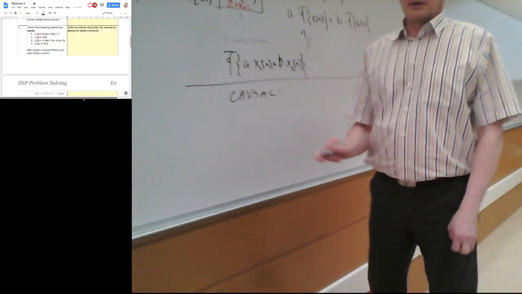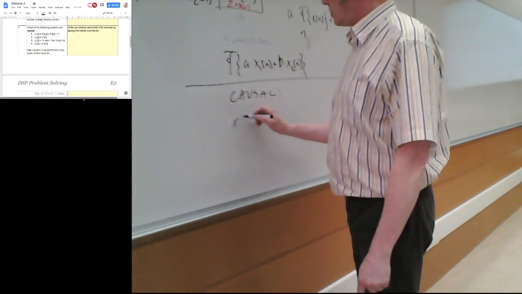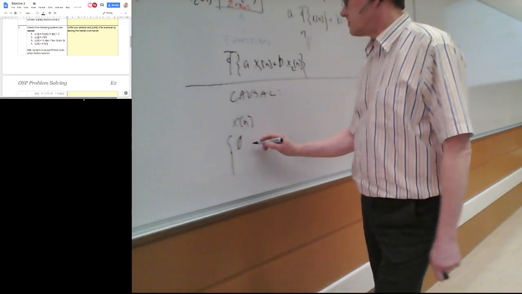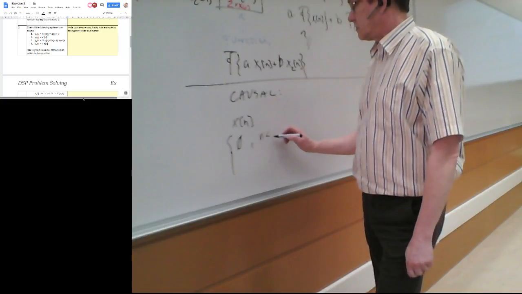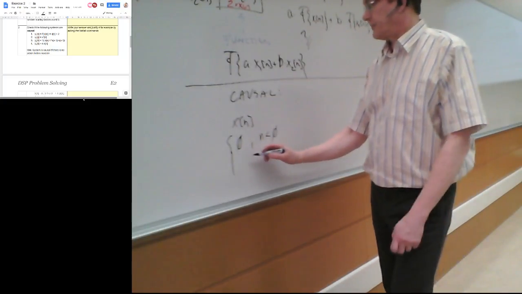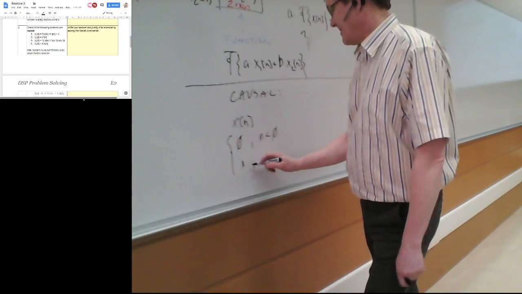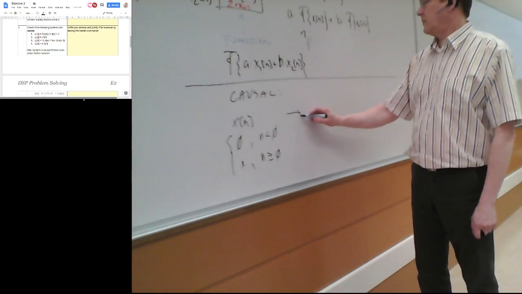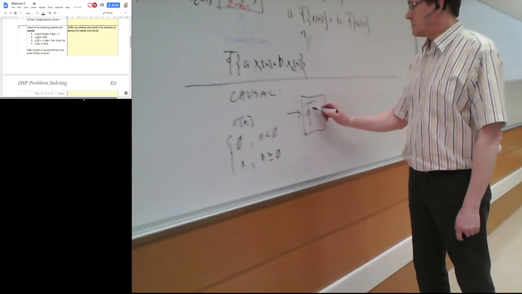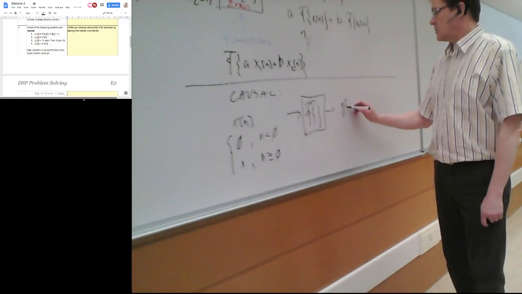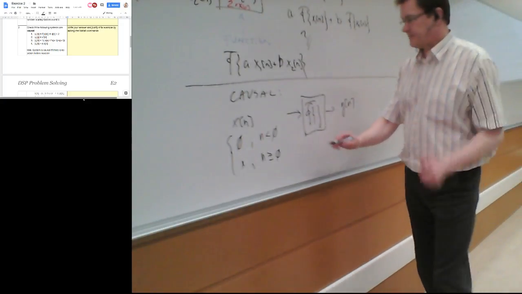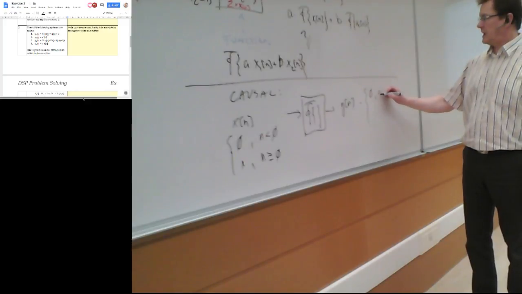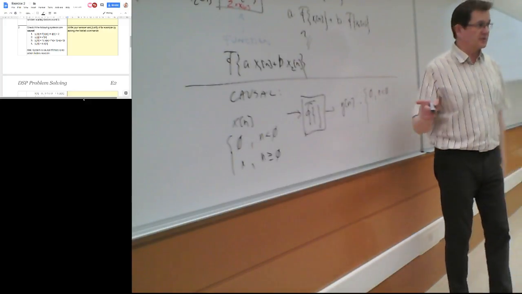Practically, what it means is that if you have an input where this one is 0 for all negative n values, and whatever when this is greater than or equal to 0, then if you feed that into your system, your output must also be the same, meaning that there cannot be any response of the system before the input comes.